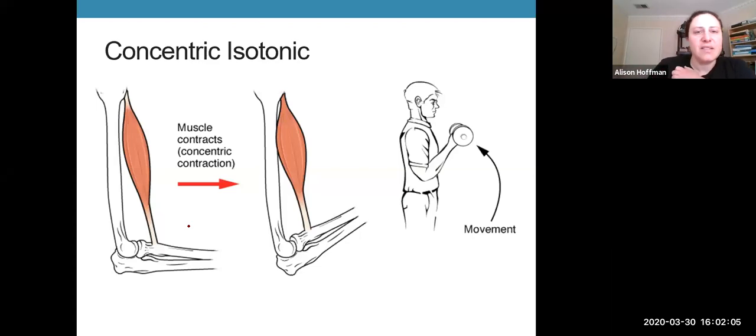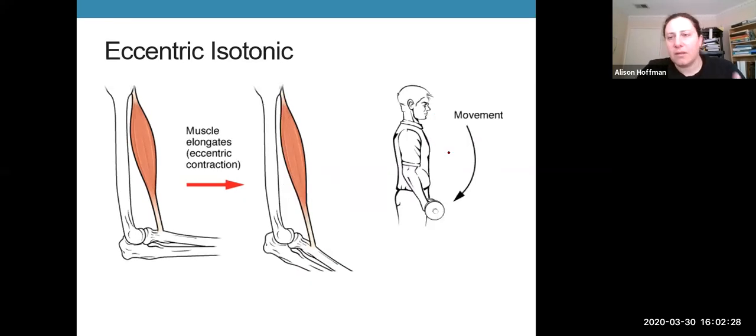So this is kind of the standard one, the one that we think about when we think about how muscles contract, right? So the muscle contracts, it shortens its length while maintaining the same tension, and typically that's going to result in something like a flexion or an abduction or something. So that's pretty standard.